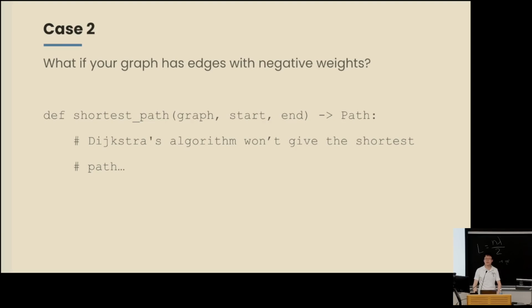What do we do here? Do we prompt? Can we really realistically prompt GPT to say, oh, my code doesn't work? Probably not. Who knows how to solve this? What is the correct algorithm that we need to use to handle graphs with negative weights? Yes. Bellman-Ford. There we go.